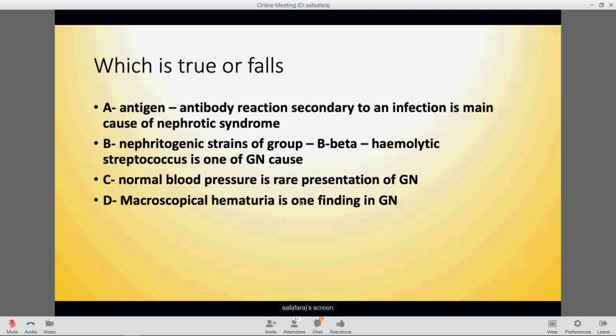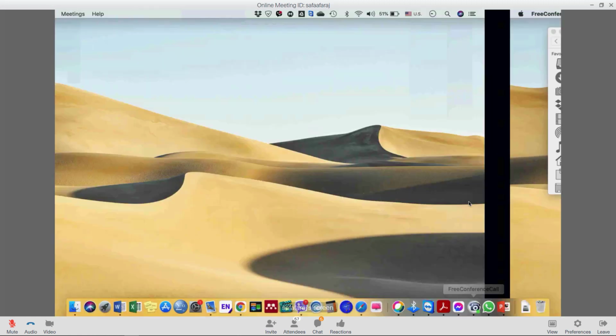Excellent. C. Normal blood pressure is the presentation of glomerulonephritis. Hypertension occurs in 50%, so it is true. Normal blood pressure is rare. D. Macroscopic hematuria is one finding in glomerulonephritis. True. Excellent. Thank you.